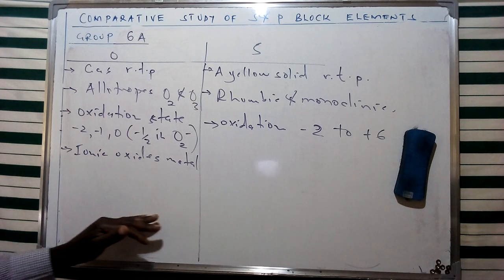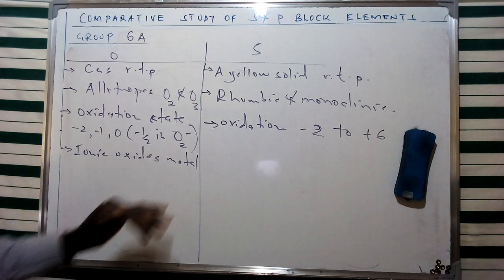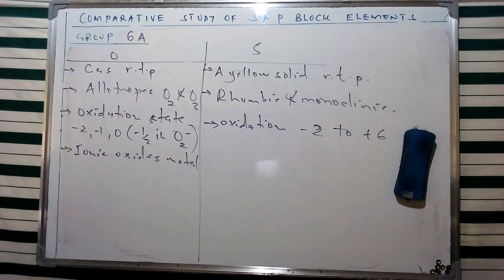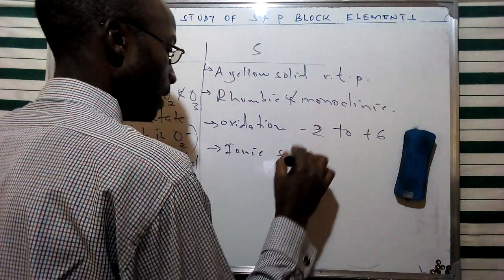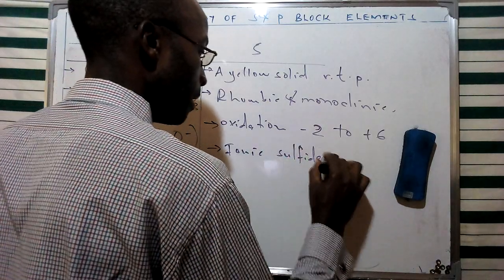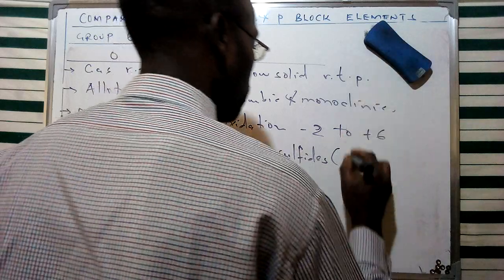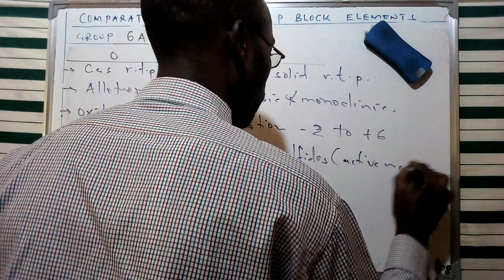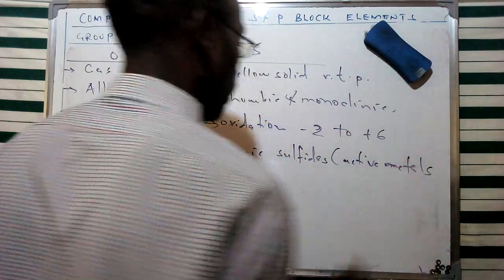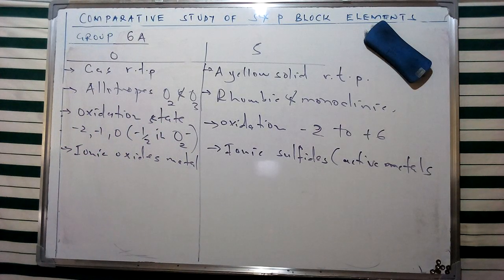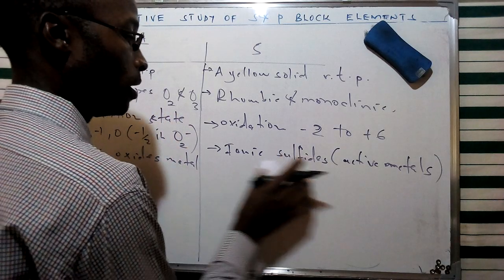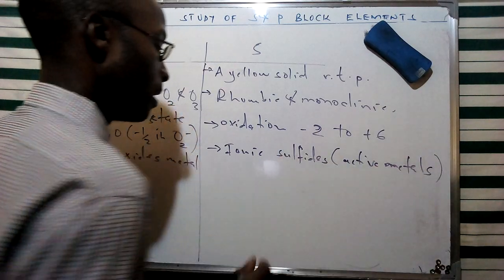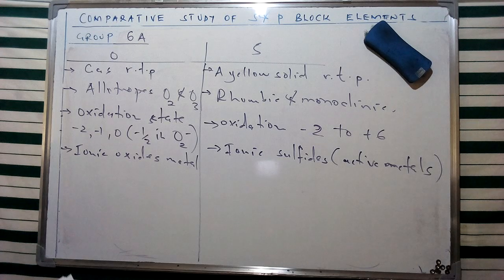But sulfur is going to form ionic sulfides with the specifically active metals, and then form covalent or partially covalent compounds with other metals. So with active metals it forms ionic sulfides, but with the rest of the metals it forms what we refer to as partial covalent compounds.